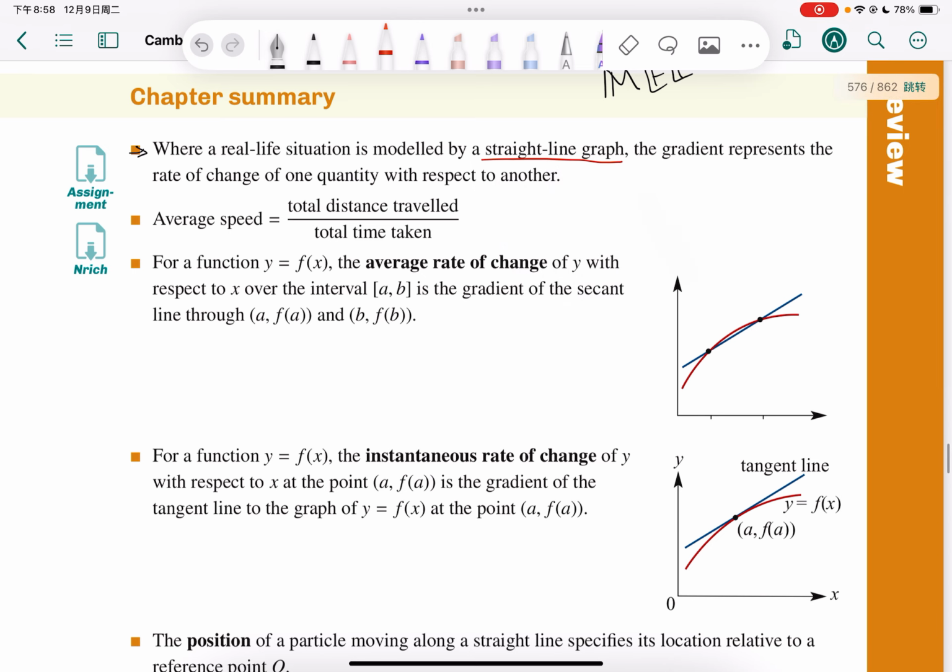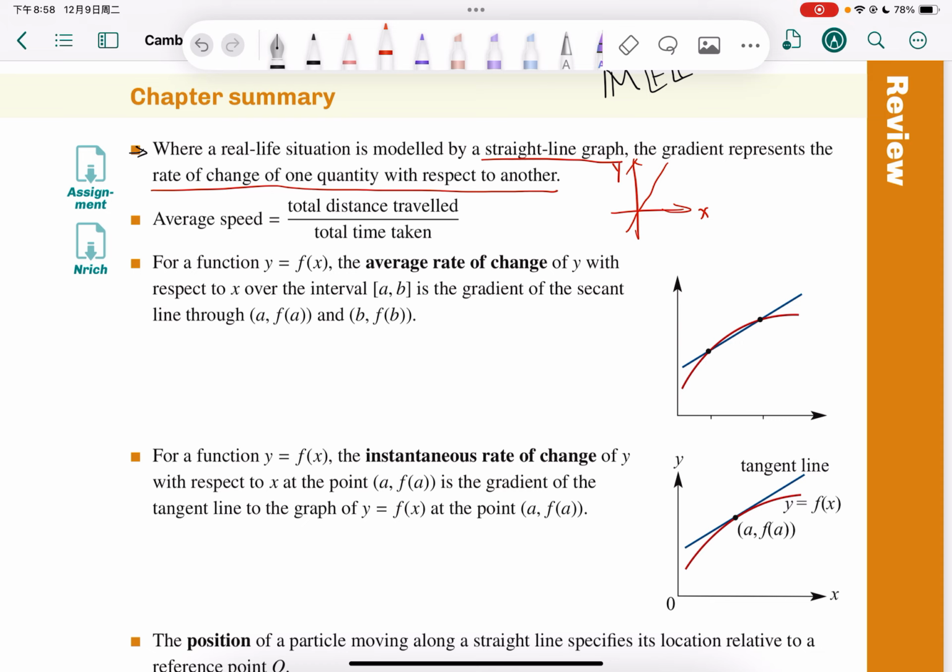So a straight line graph, something like this. Straight line. The gradient represents the rate of change of one quantity with respect to another. So the rate of change of y with respect to x. So in our physical world, we have many situations which can suit the graph.